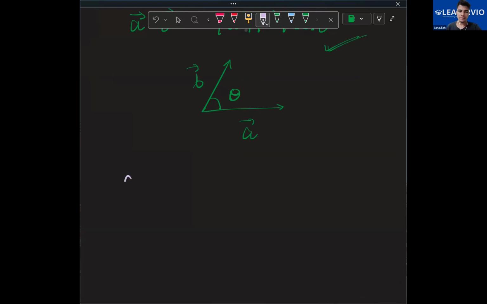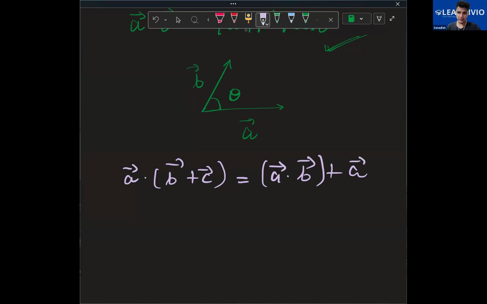If I'm writing A vector dot B plus C vector, then using the distributive law, I can write this as A vector dot B vector plus A vector dot C vector. In the distributive law, basically we distributed A with B and with C. So this is the distributive law.